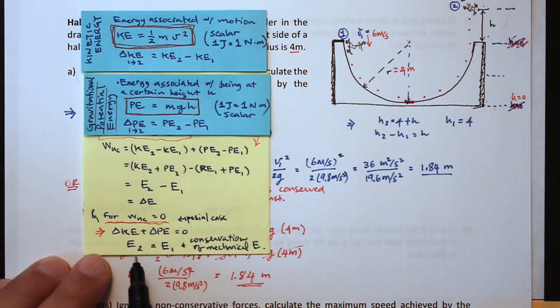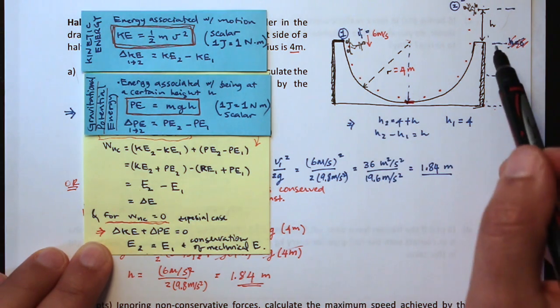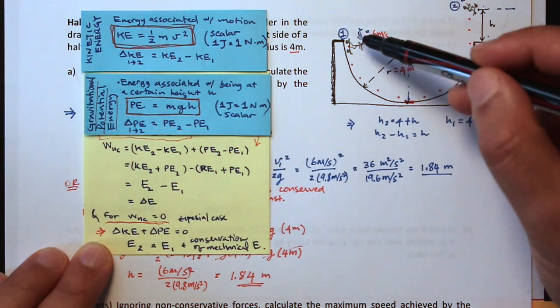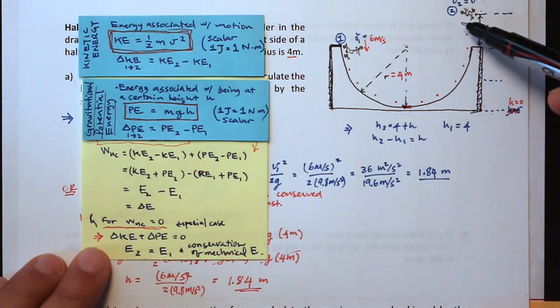The energy at some position 2 is equal to the energy at some position 1, independent of where these positions are throughout the path. So I know something about position 1, and I also know something about this position, so I could use either position as my reference.